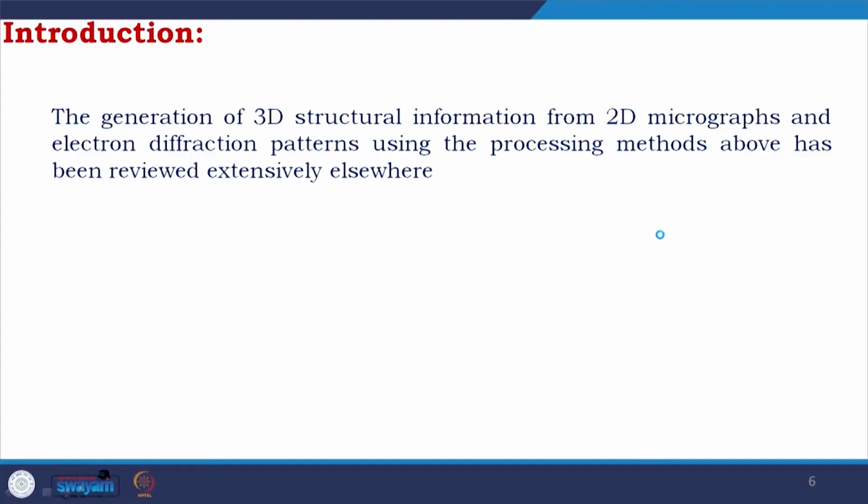The generation of 3D structural information from 2D micrographs and electron diffraction patterns using the processing methods above has been reviewed extensively. Here we will mostly focus on the general simplified method and its derivatives.